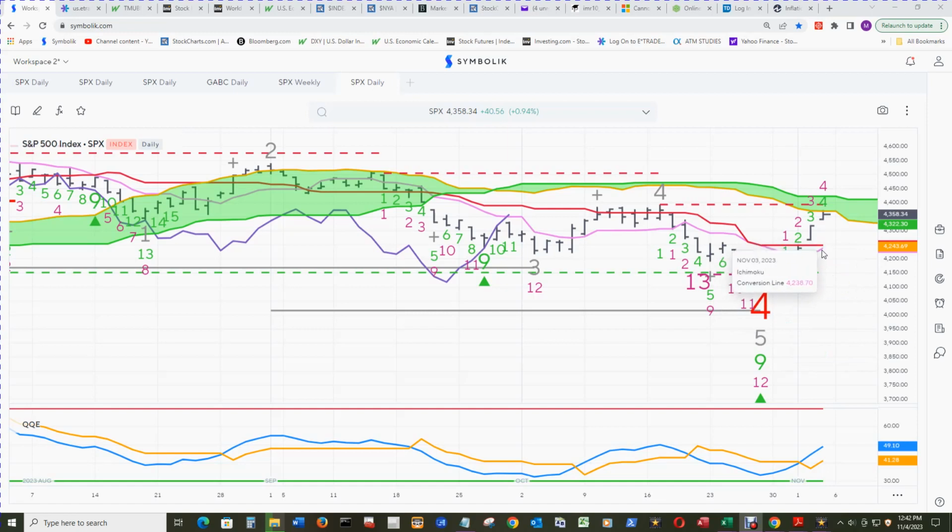So a crossover above the baseline by the conversion line would be a very good sign, and add to the support to protect these two bars from closing below their closes and negating the sell setup count. And the sell setup 9 end count needs to print on this run up.